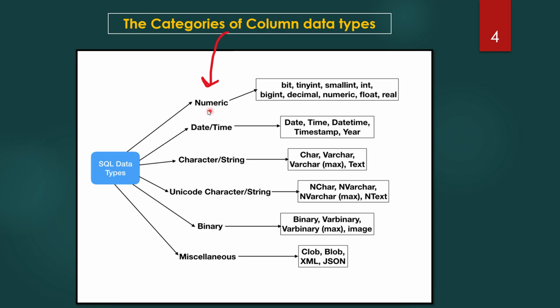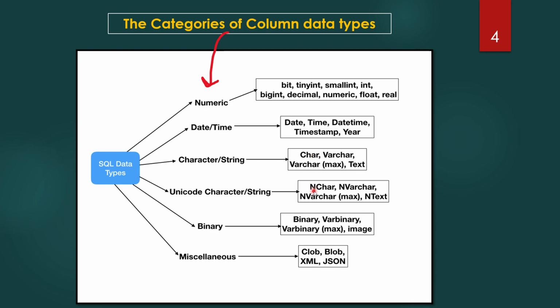Before jumping into creating database tables, we have to understand the different categories of data types. I want you to focus on the numeric data type, the date or time data type, and the characters or string data type. If you understand, this one is universal, meaning you can use it for native English, like American or British English characters.